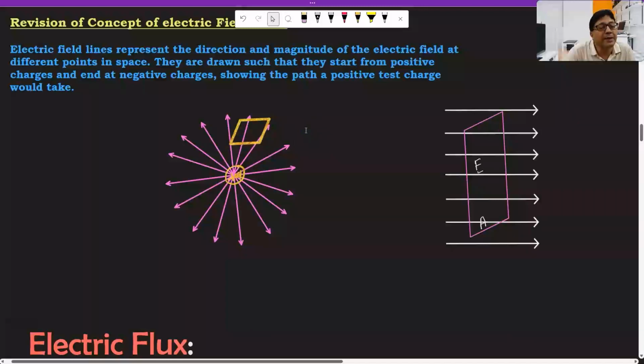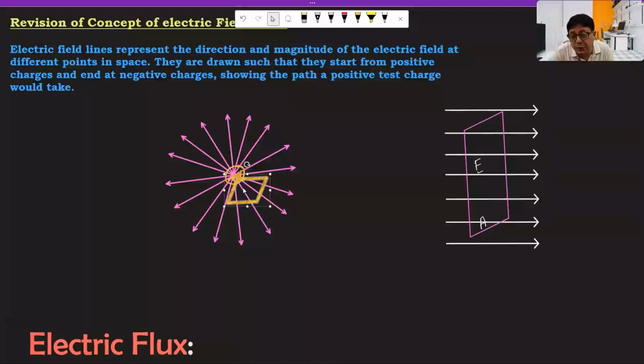So what does it mean? This means the electric field is weaker at this point compared to the electric field when you hold the surface area at this point. So the number of lines of forces passing through an area is related to the electric field. Already we have discussed, I just remind you today.